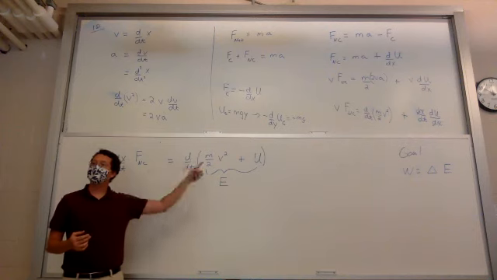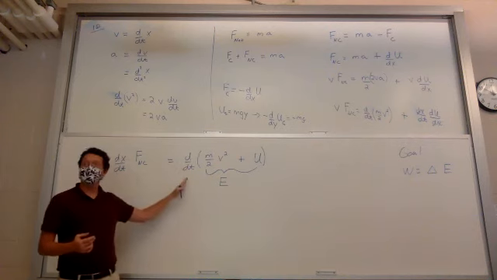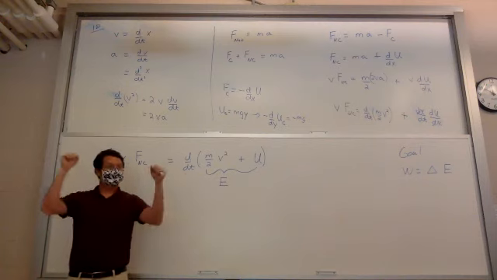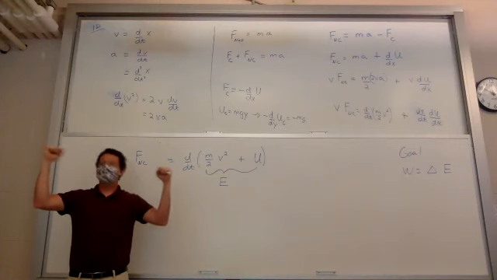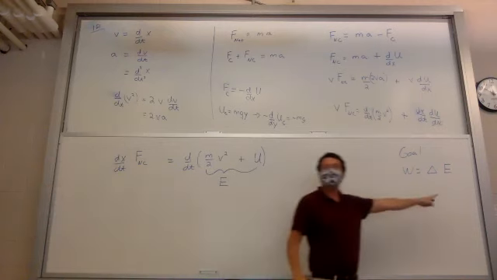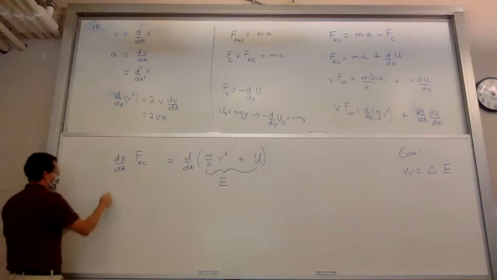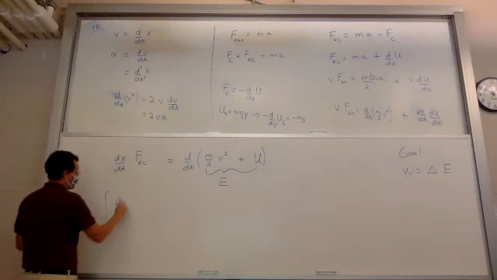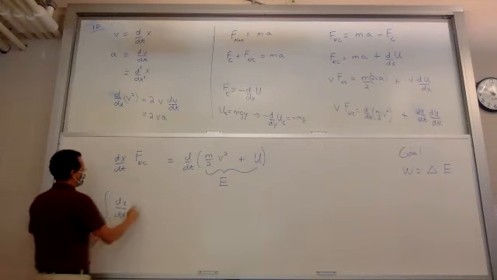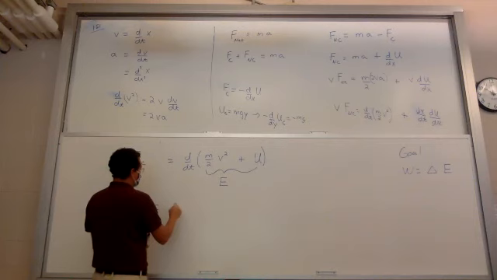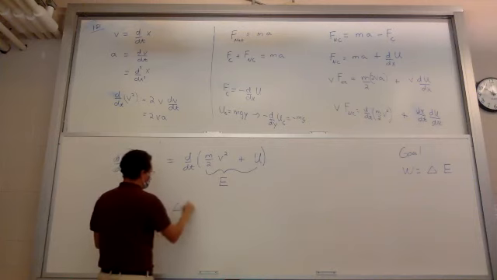Integrate both sides of this equation with respect to time. The derivative goes away, and the fundamental theorem of integral calculus says the integral of a total derivative is the difference of the thing being differentiated, evaluated at the upper and lower limits. It's the change in energy. We're going to integrate both sides with respect to time, and this is going to give me the change in the energy.